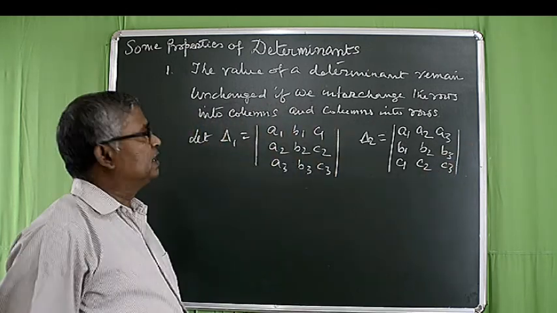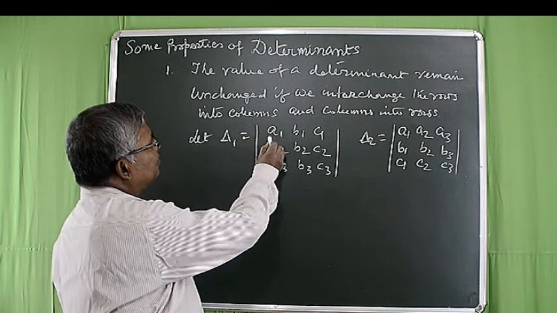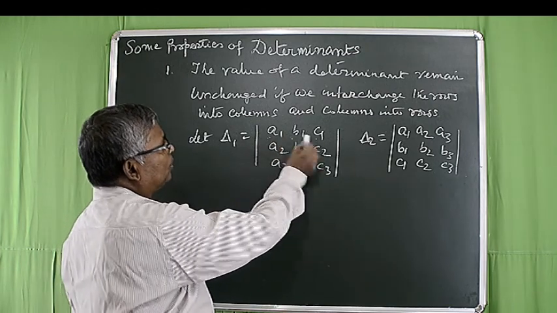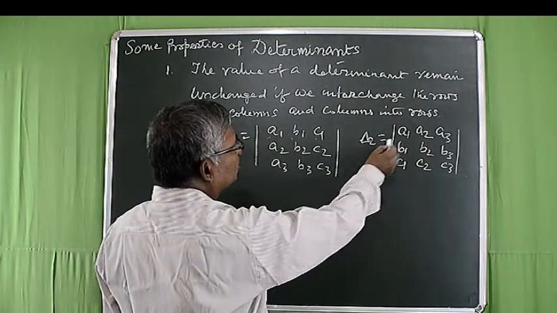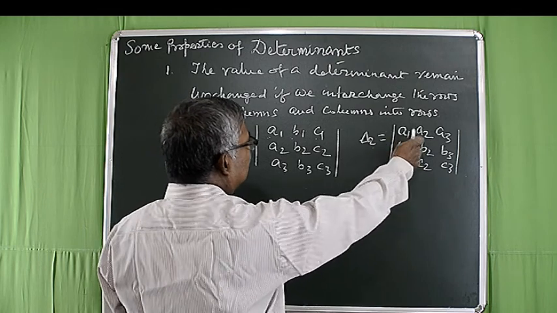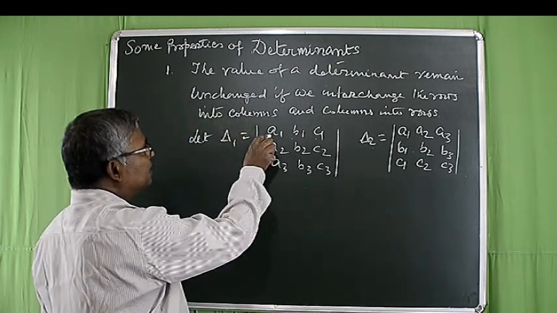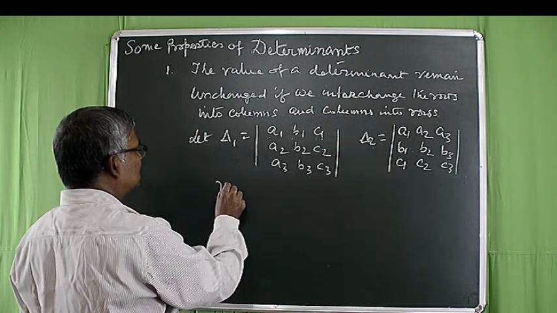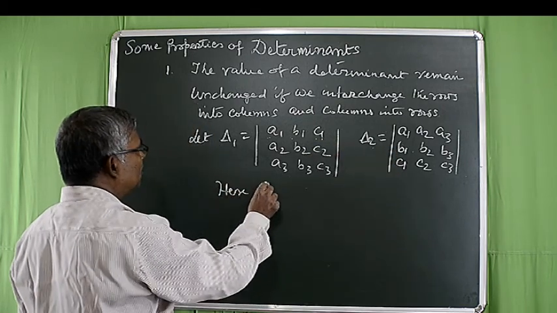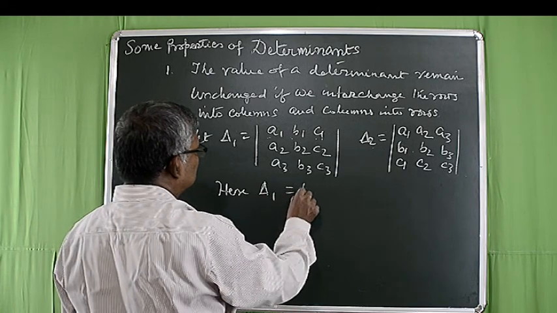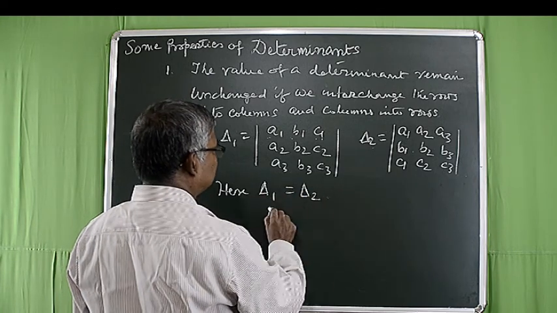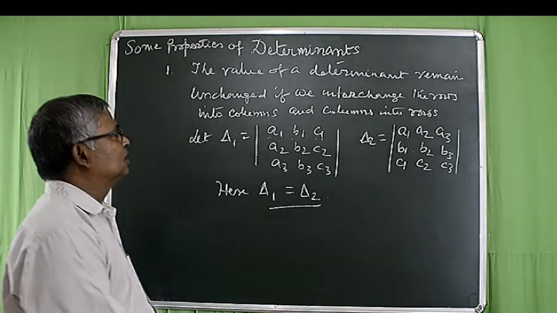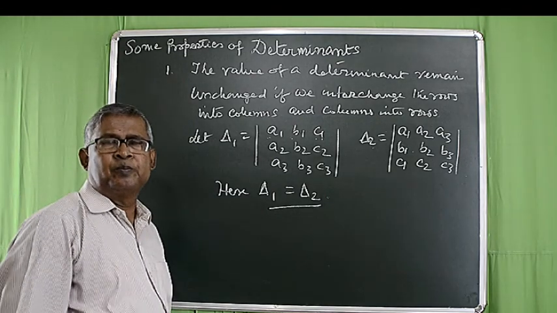Students, here see a1 b1 c1 is a row, but in del 2 a1 b1 c1 is the first column, so we are interchanging rows into columns. Here the value of del 1 equals del 2. This is a very important property of determinants.